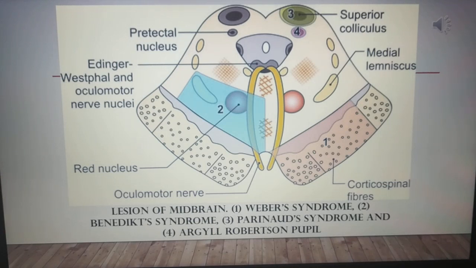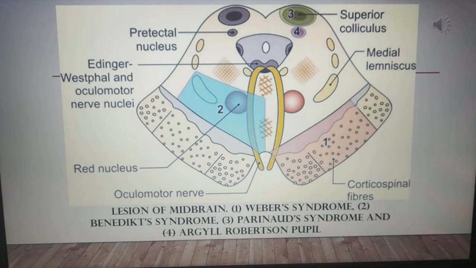And what is the role of the oculomotor nerve? If there is damage, there will be ipsilateral effects on eye movement, including pupil dilatation, because of the oculomotor nerve involvement. Occlusion of the branches of the posterior cerebral artery, which supplies the midbrain, may also cause superior alternate hemiplegia. That is the other name for Weber's syndrome.